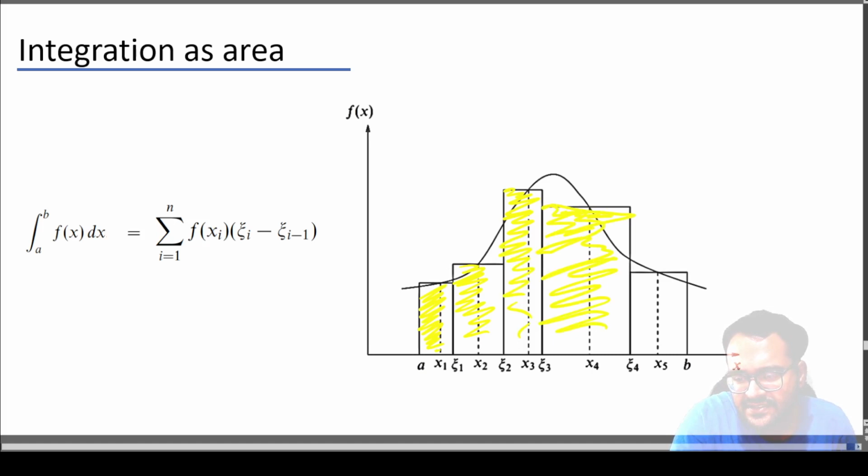It's the bigger area. You add up all those areas. This is the area, right? This is the middle of that, right? Those are the heights.